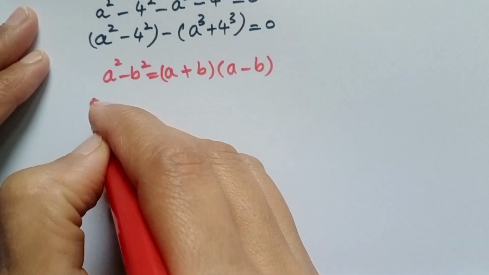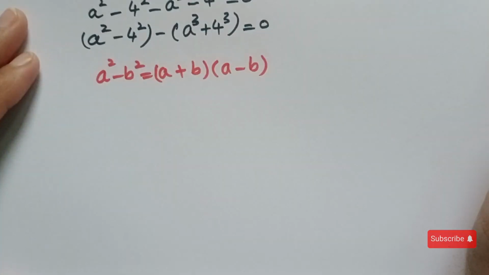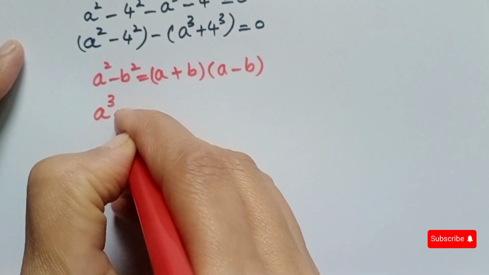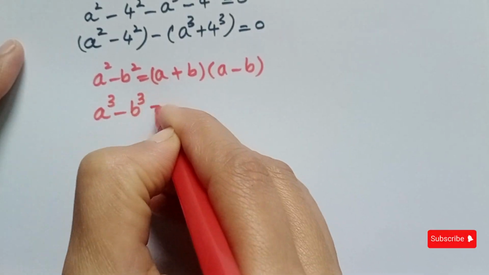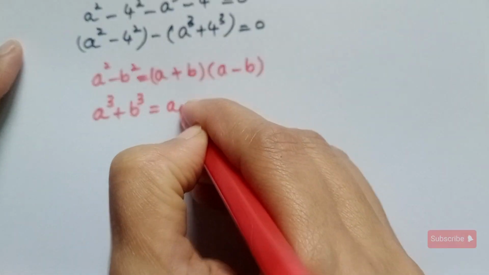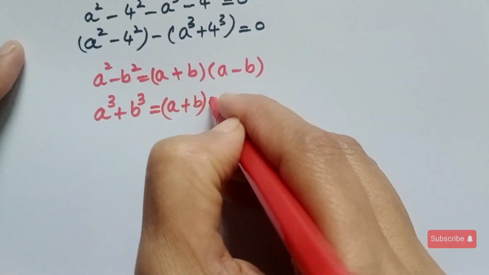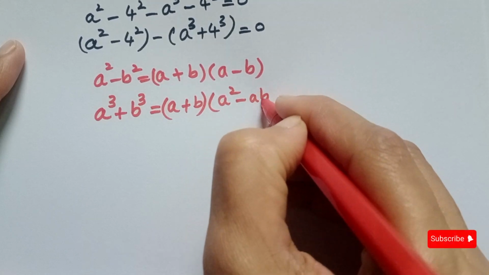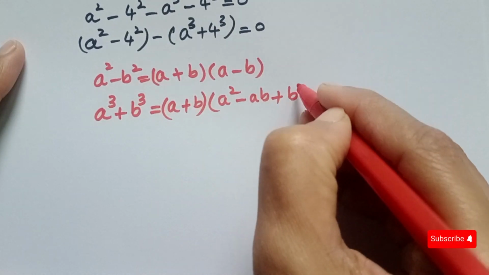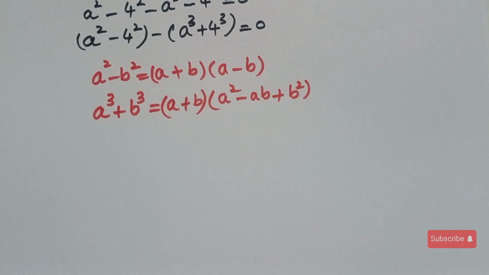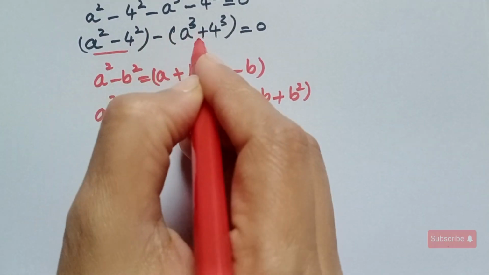And we have another formula: a cube minus b cube is equal to a minus b parenthesis a square plus a into b plus b square. So we will use this formula here.